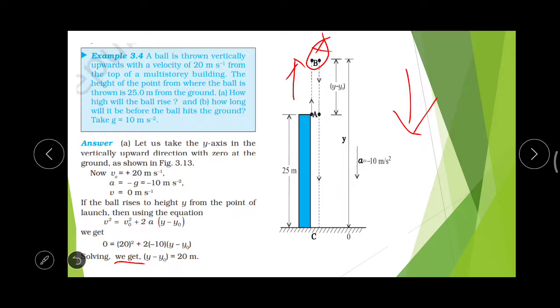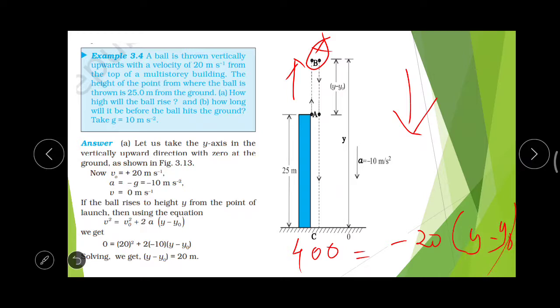So we obtain 0 equals 400 minus 20 into (y minus y0).